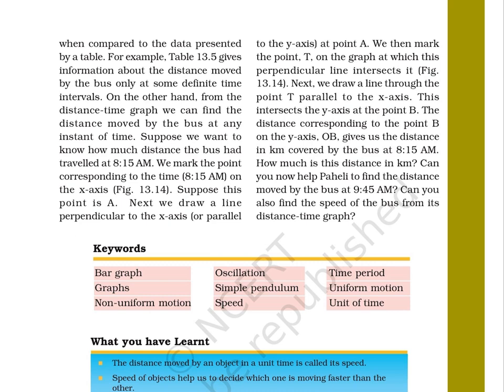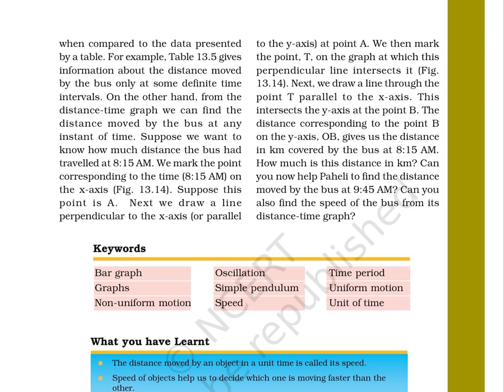Suppose this point is A. Next, we draw a line perpendicular to the x-axis, or parallel to the y-axis, at point A. We then mark the point T on the graph at which this perpendicular line intersects it. You can observe this in Figure 13.14.